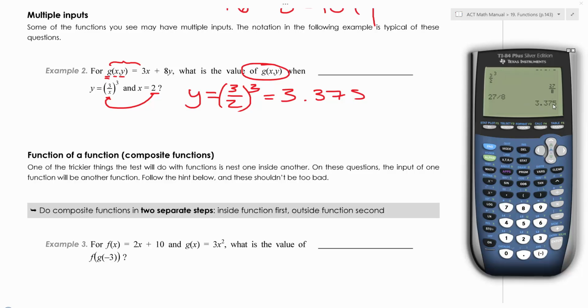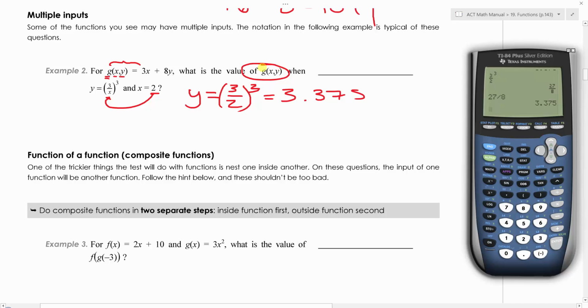That's the 3.375. 3.375 and 27/8 are equivalent. So yeah, you do have to be careful of your order of operations. Make sure you put the parentheses around the 3/2 or hit enter in the calculator before cubing the fraction value. So now I have my x and my y value.